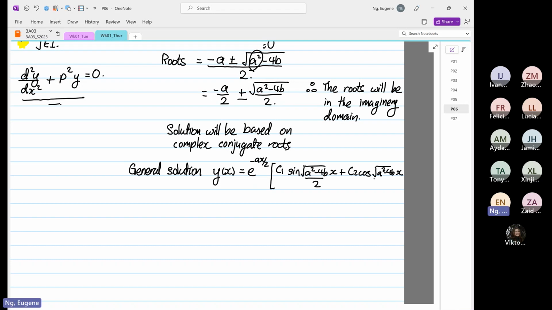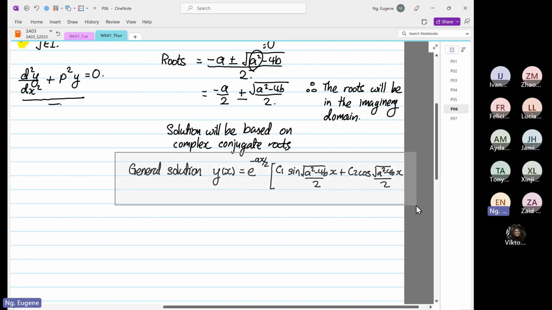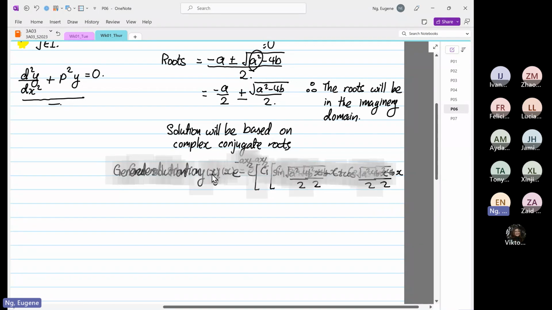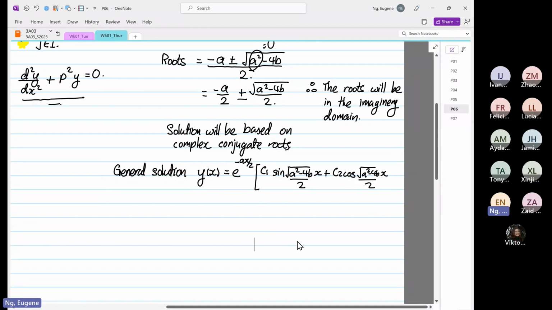The x term is outside the square root and divided by 2. So I believe you all are very familiar with this. This is basically the math that I think you learn in your second year.